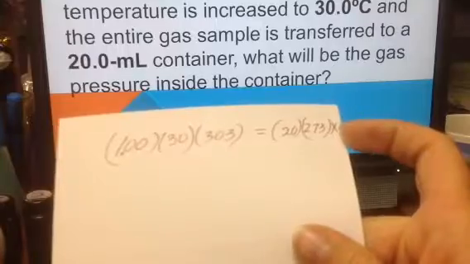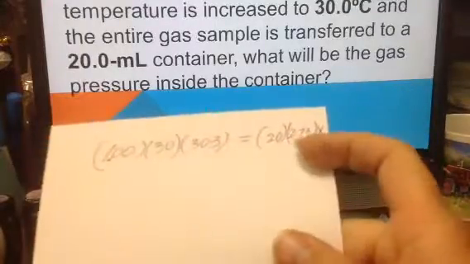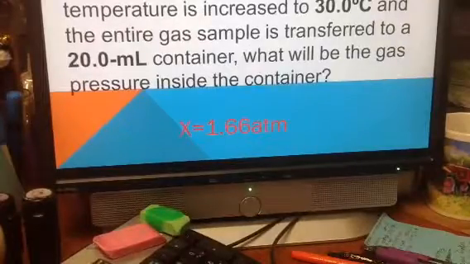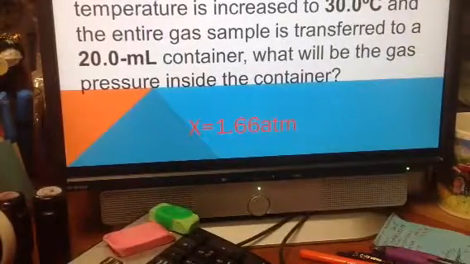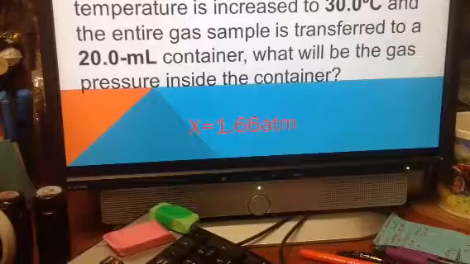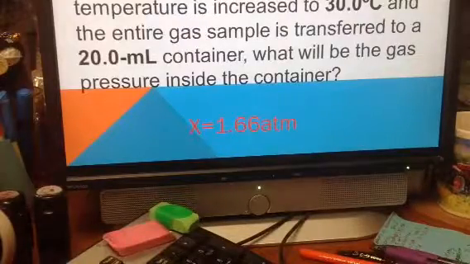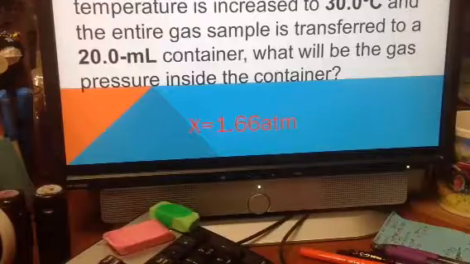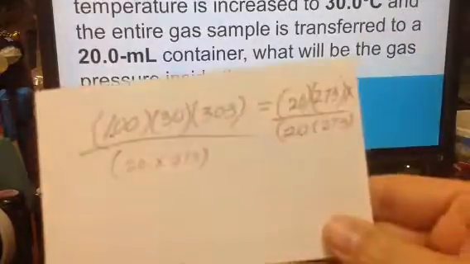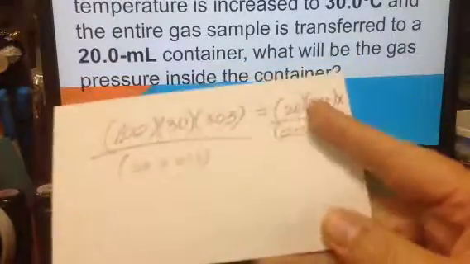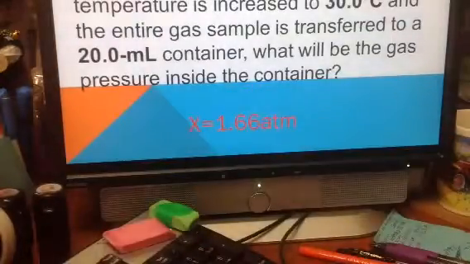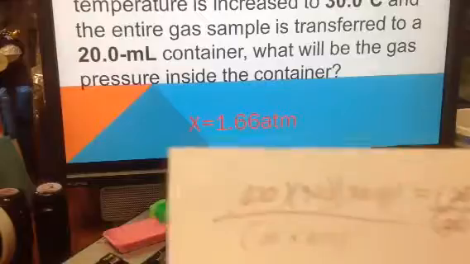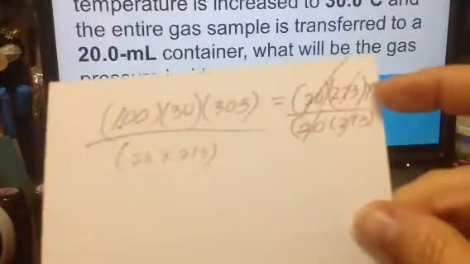What's keeping x from being alone? Well, 20 times 273 is. So I would divide both sides by 20 times 273. These would cancel out, and I would just have x left on this side.